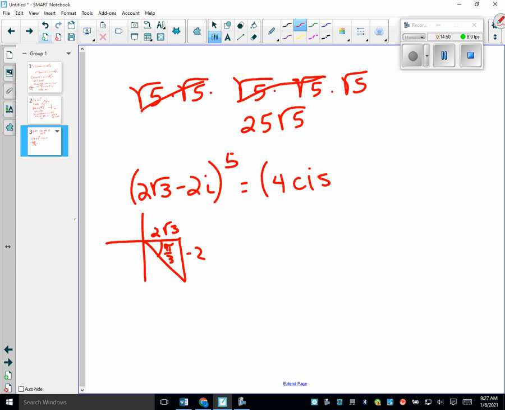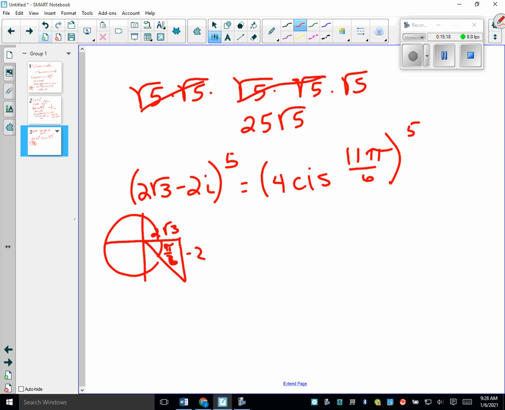Wait, that's a pi over 6. Oh, you're right, it's pi over 6. Good job. So it's 11 pi over 6, to the 5th power. Good with that?